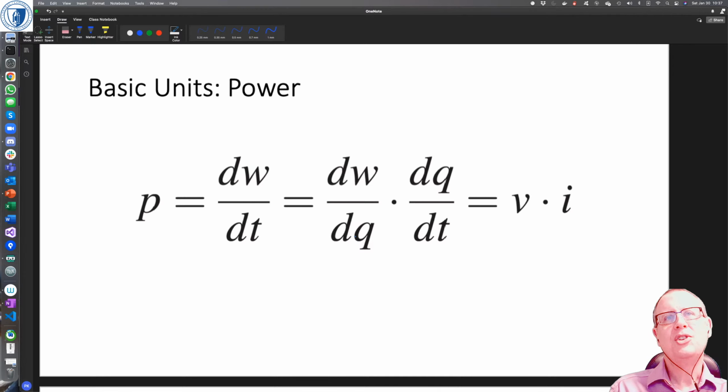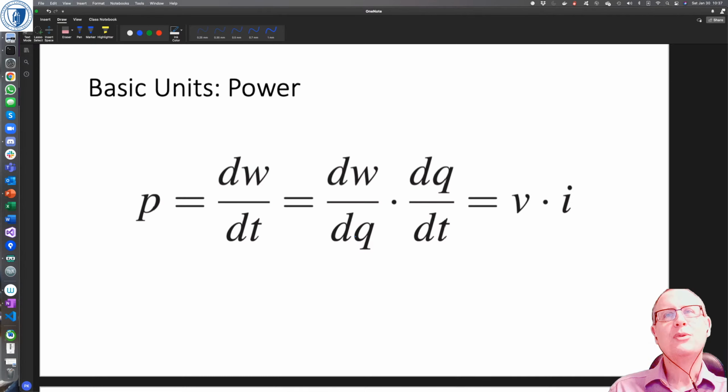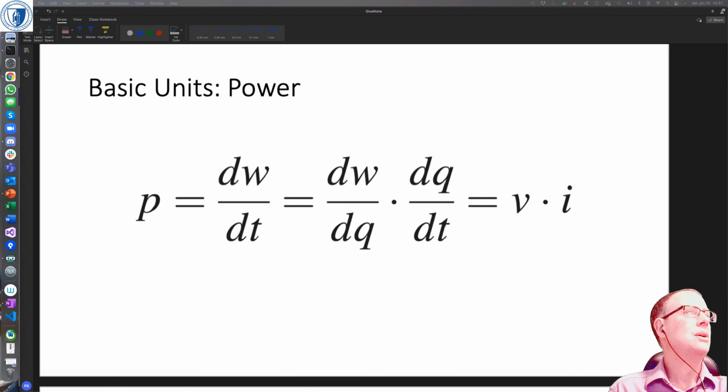And there's a relationship that shows you that voltage is potentially, if you'll excuse the pun, the derivative of work with respect to charge. Okay, because our I is dq dt, the derivative of charge with respect to, yes, I apologise, Stephen.